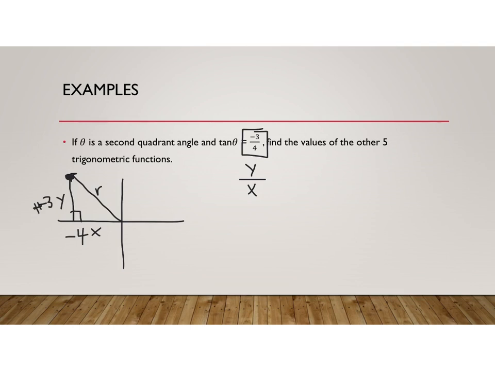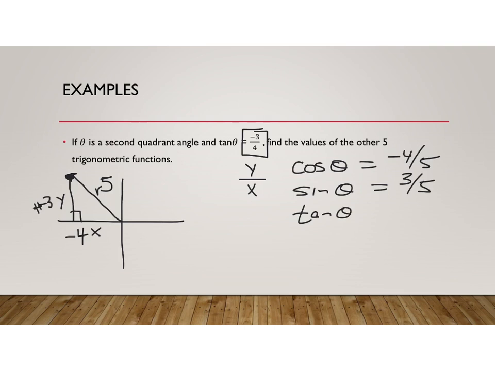Using the Pythagorean theorem, we've got a 3, 4, so r must be 5 in this case. Therefore, I would continue to do these all in the same order. I'm going to start with cosine. Cosine of theta is x over r, which should be negative 4 over 5. Sine of theta is y over r, which should be 3 over 5.